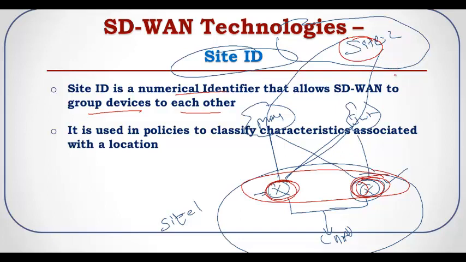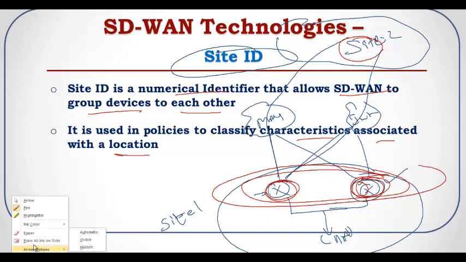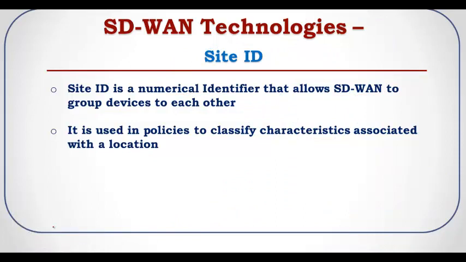That helps the devices know how many sites we have in this SD-WAN group. Not only that, it is used in the SD-WAN policy to configure the characteristics associated with the location. This has one site, so the policy will be common for both edge devices. So site ID is another important thing.